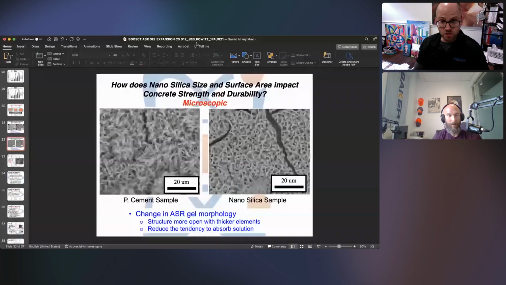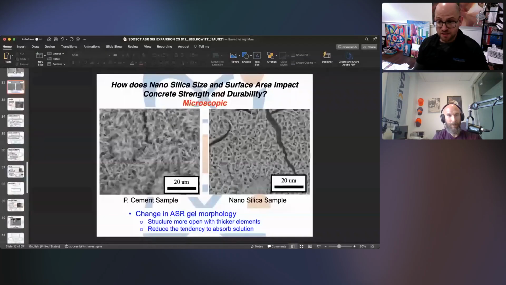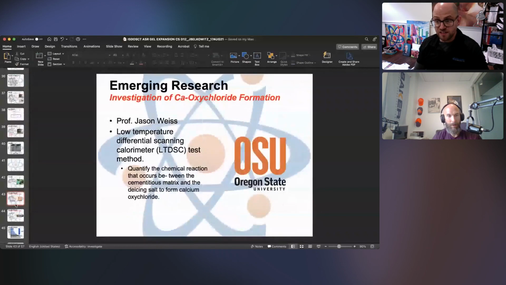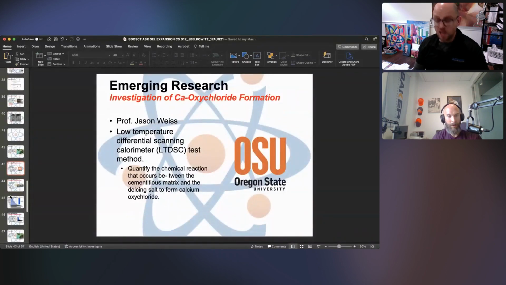In Jason's own words, nanosilica is more effective than any other SCM out there in reducing that calcium oxychloride formation. You got to check out that paper.